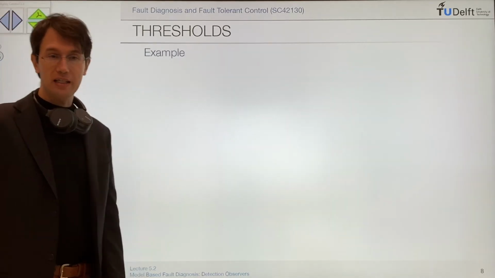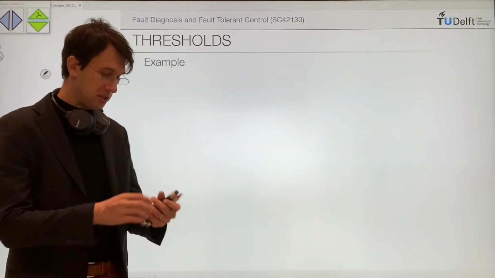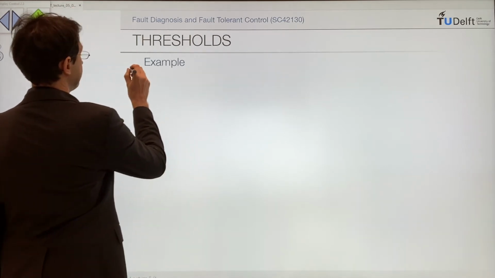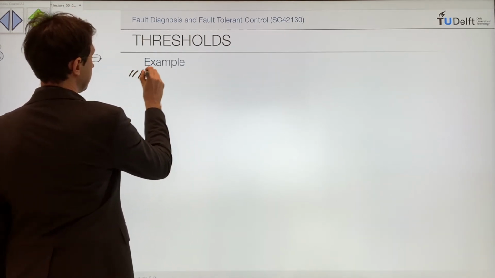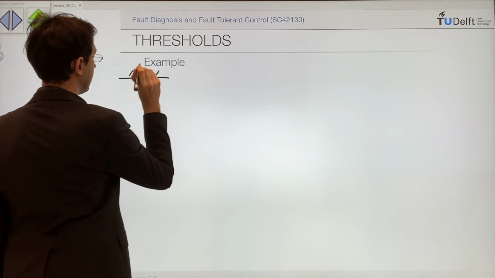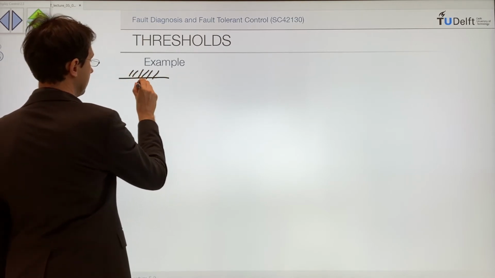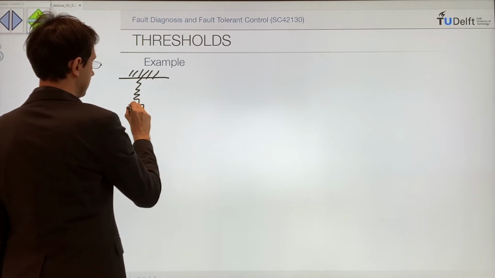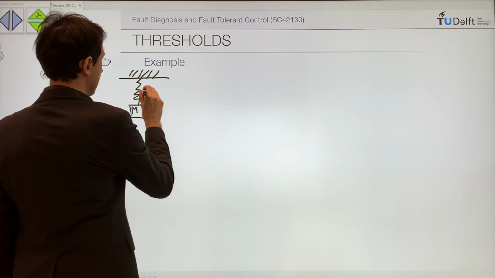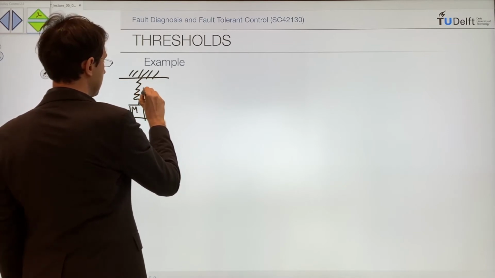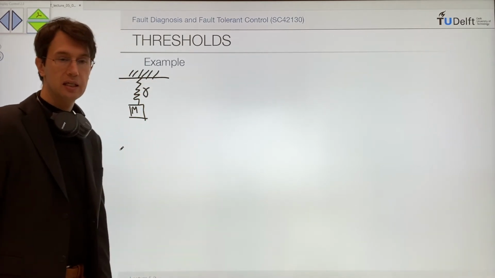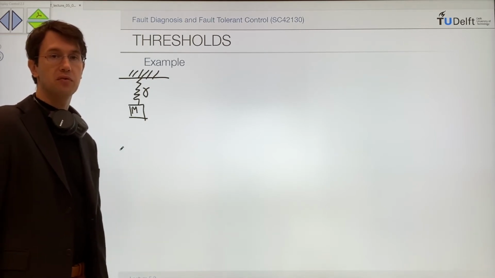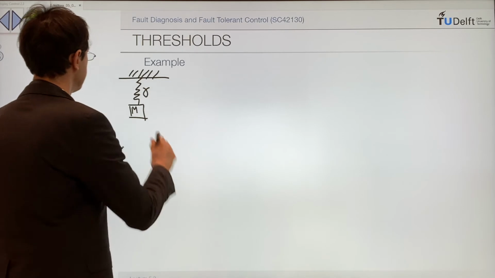And now let us provide an example. So let us consider a simple dynamical system, a spring mass system that is hanging from the ceiling. So we have the spring and the mass m, and the spring is characterized by some elastic constant gamma. I don't want to use k because that we are using for the time instant.